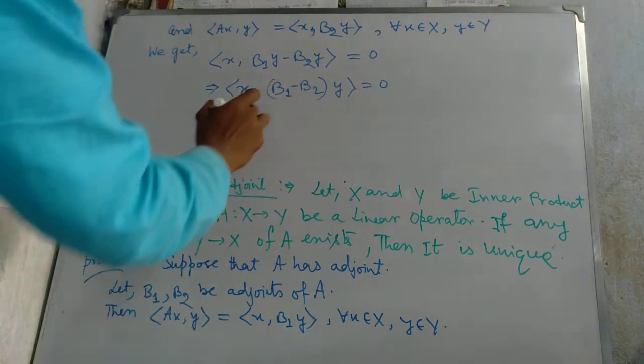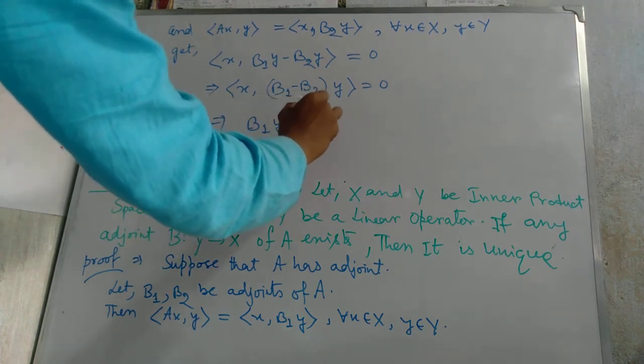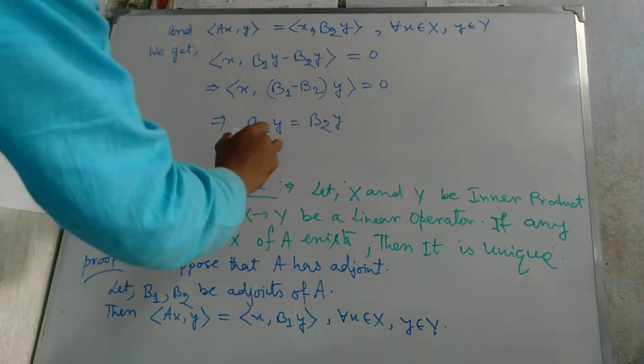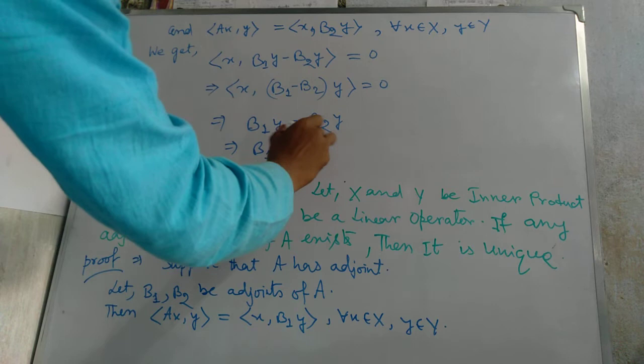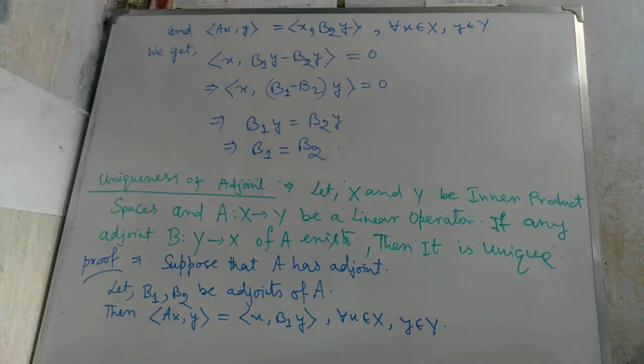This implies that B1y equals B2y, and obviously this implies B1 equals B2. So we proved uniqueness of adjoint.